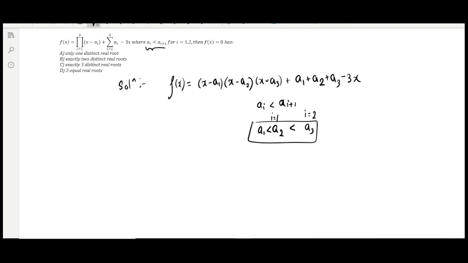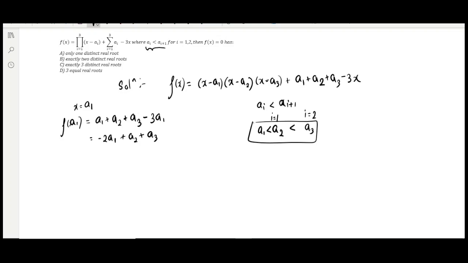Now if we analyze this question, f(x), if we put x equal to a1, a1 minus a1 will be 0 and into anything is 0, so we will get a1 plus a2 plus a3 minus 3a1. So f(a1) will become minus 2a1 plus a2 plus a3, correct?